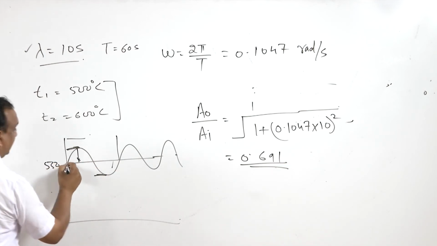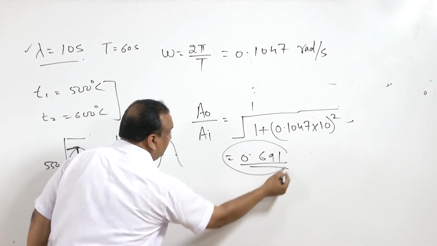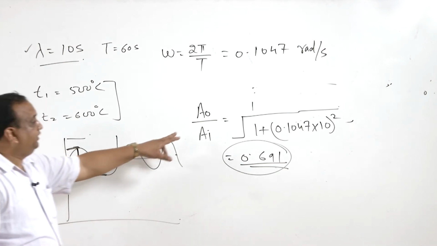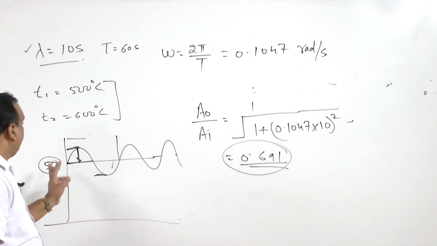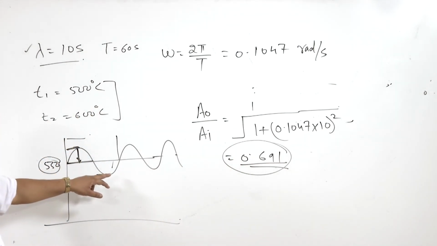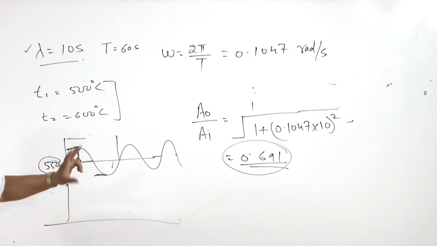Because 550 is the average value, this amplitude will be multiplied by this, and then we will add 550 here. So that is the upper value. Similarly, 550 minus this amplitude multiplied by this will give the lower value. So temperature will fluctuate in that range. So the range we can calculate.